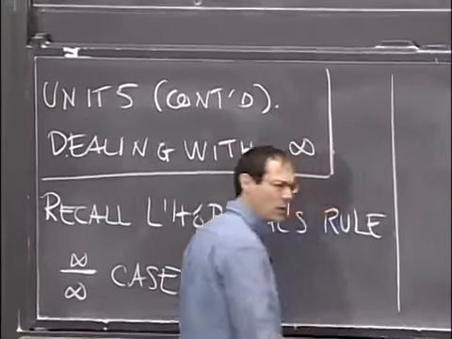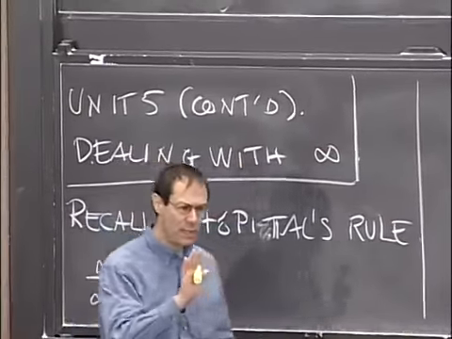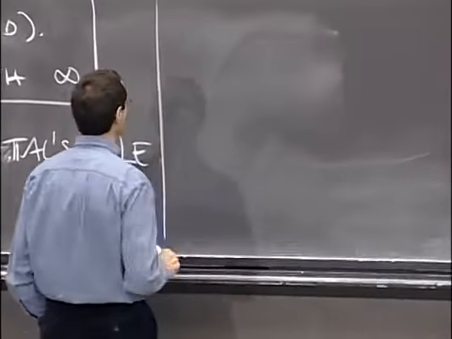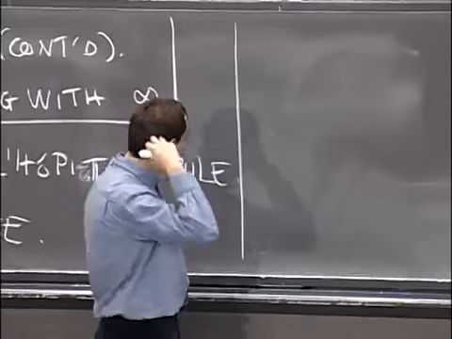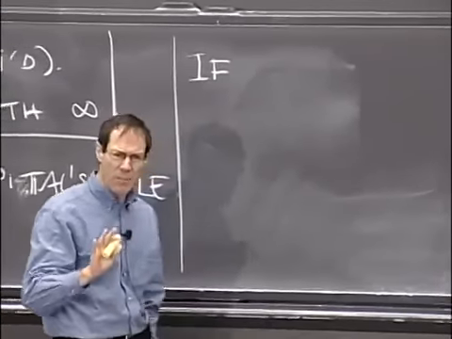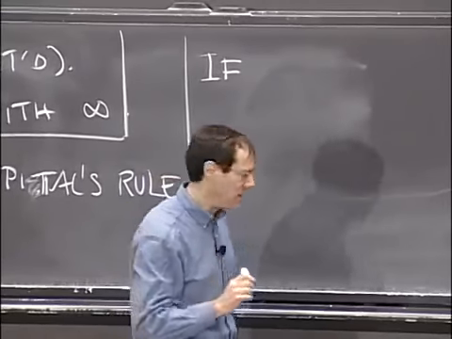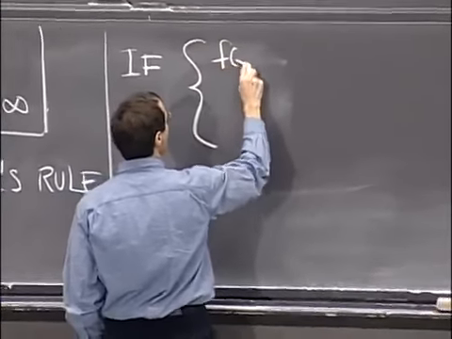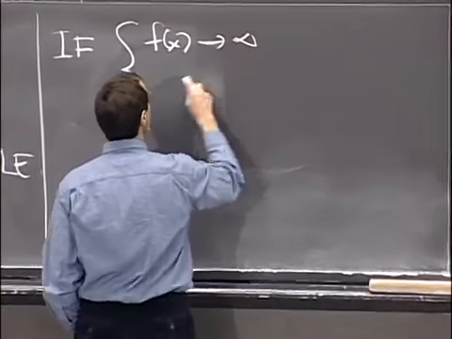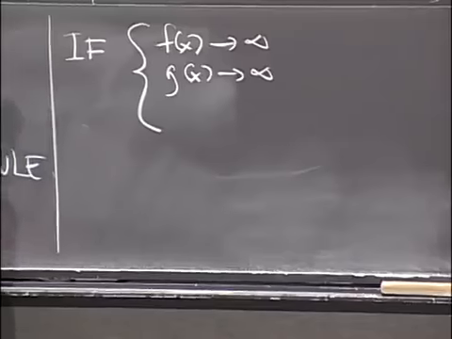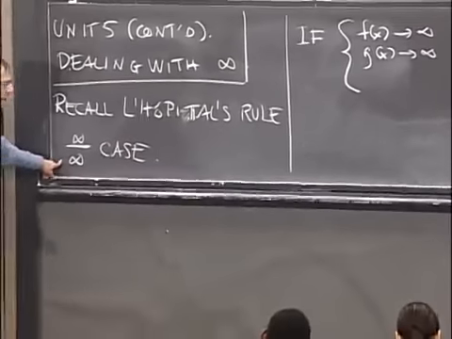I stated this a little differently last time, and I want to state it again today, just to make clear what the hypotheses are and what the conclusion is. We start out with really three hypotheses, but two of them are kind of obvious. The three hypotheses are that f of x tends to infinity, g of x tends to infinity. That's what it means to be in this infinity over infinity case.